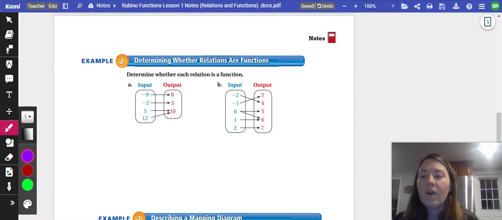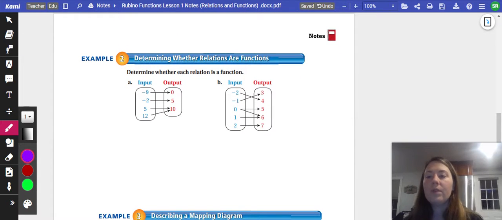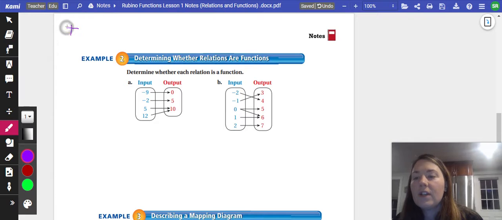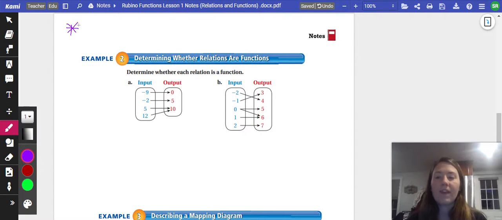Now, before we move on to example 2, there is an important definition we all need to know, and that is the definition of a function.